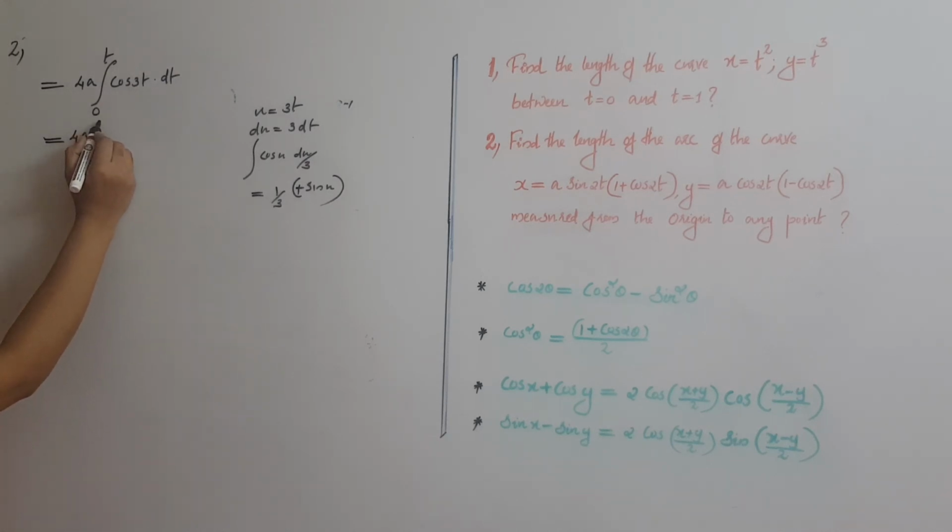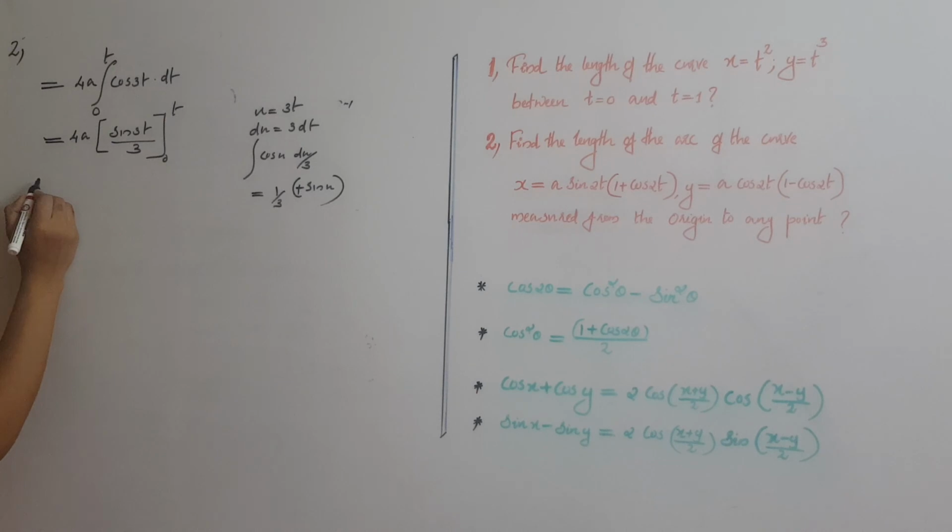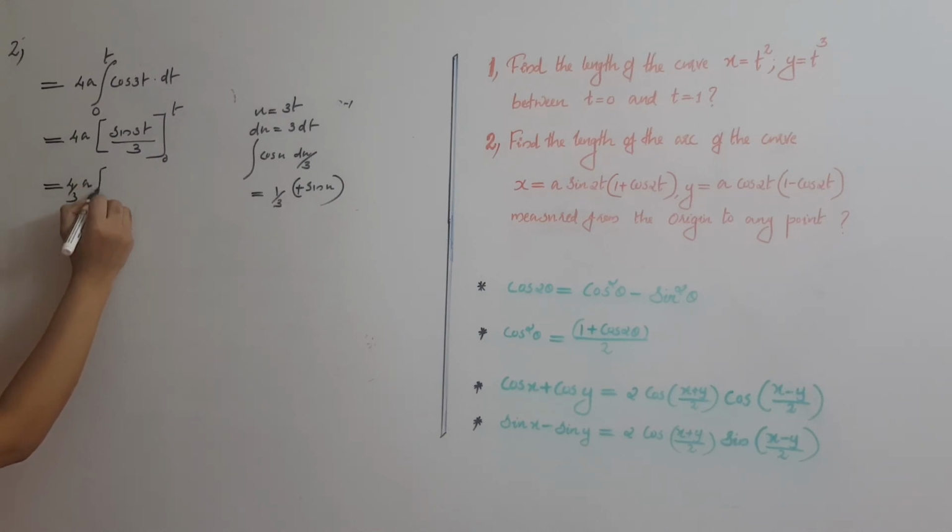4a into sin u, that is sin 3t divided by 3. The limits vary from 0 to t, is equal to 4 by 3 a. Apply the limits.